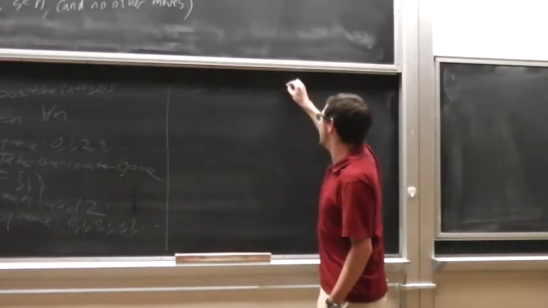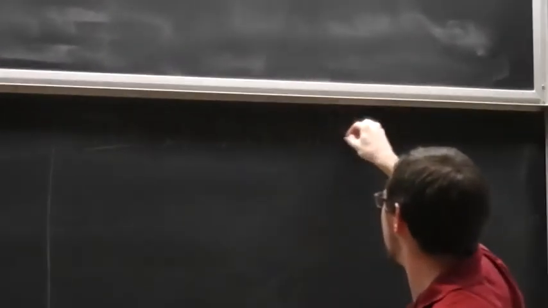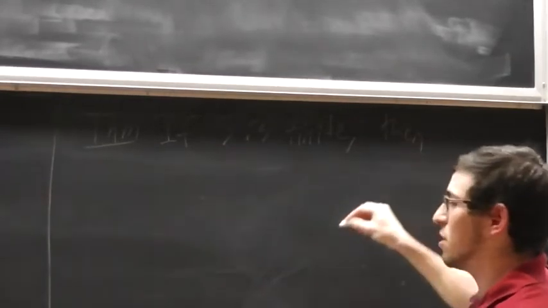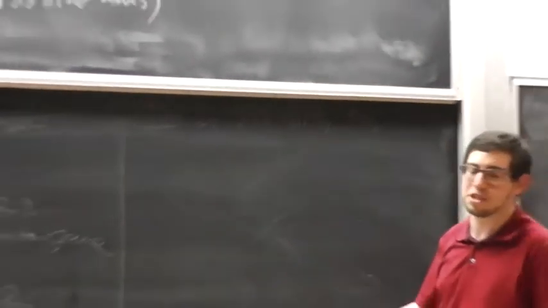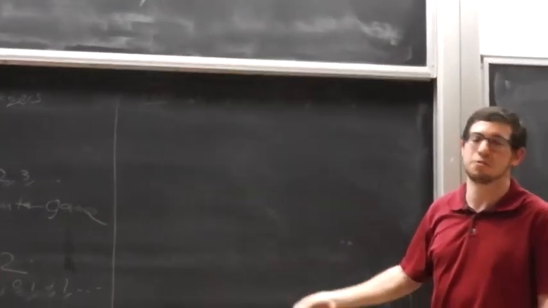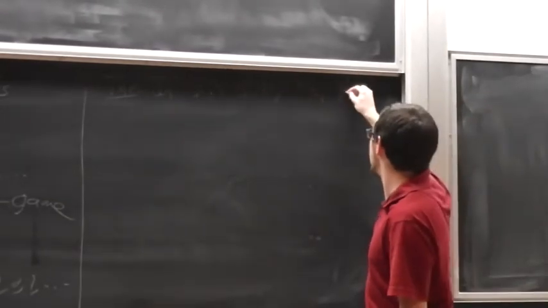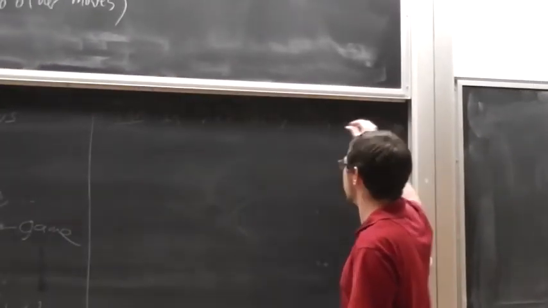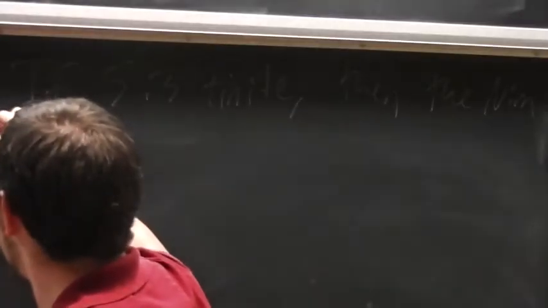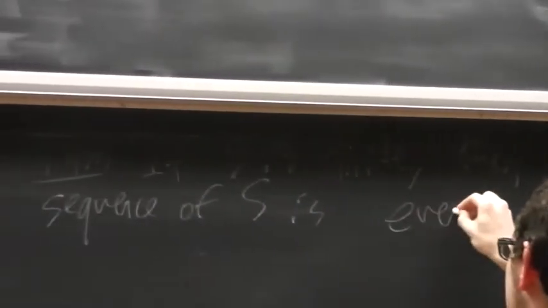if S is finite, then the nim sequence of the subtraction game with set S, which I'm just going to call the nim sequence of S because it's intrinsically a property of S, is eventually periodic.